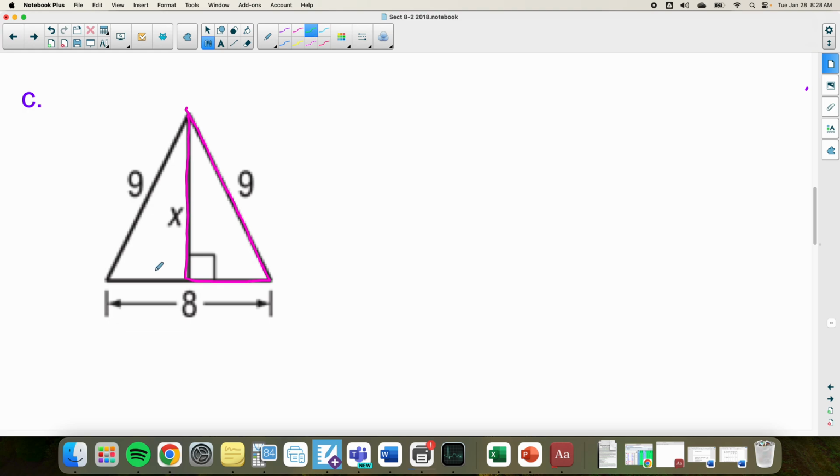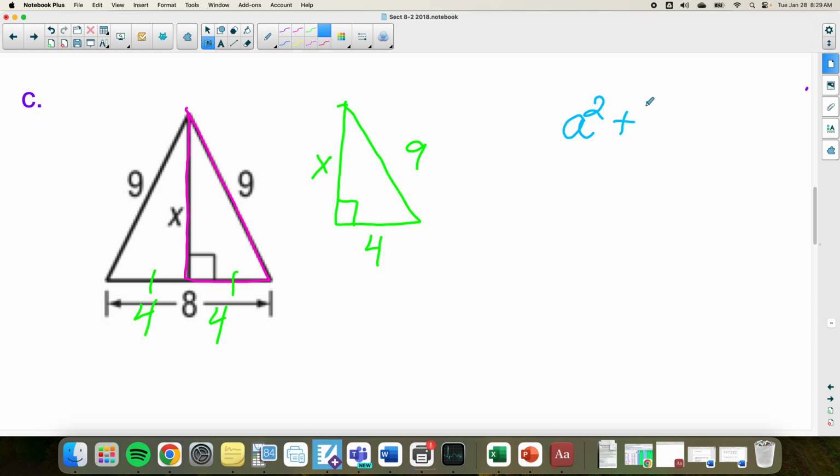So what that means then is these two pieces would be equal. So if they're each 8, these are 4. So what I really have there, you don't really have to rewrite this, but I will, is x, 4, and 9, okay? Then I'm gonna do my a squared plus b squared equals c squared. So across from my right angle is c. Then a and b don't matter, so I'm gonna say that's a and that's b.